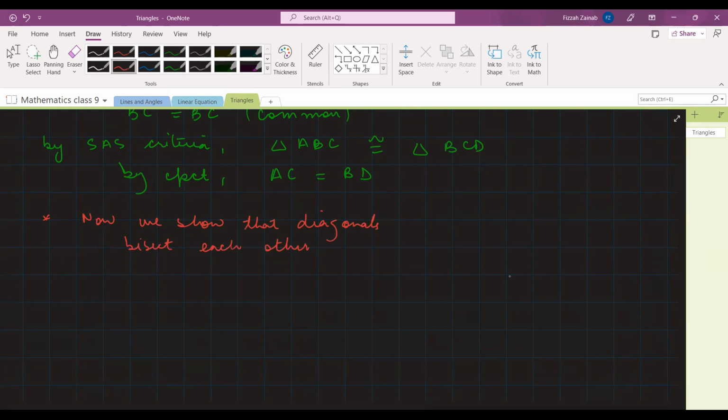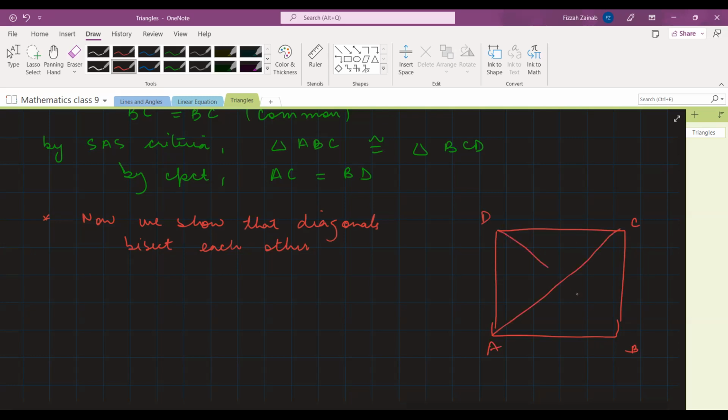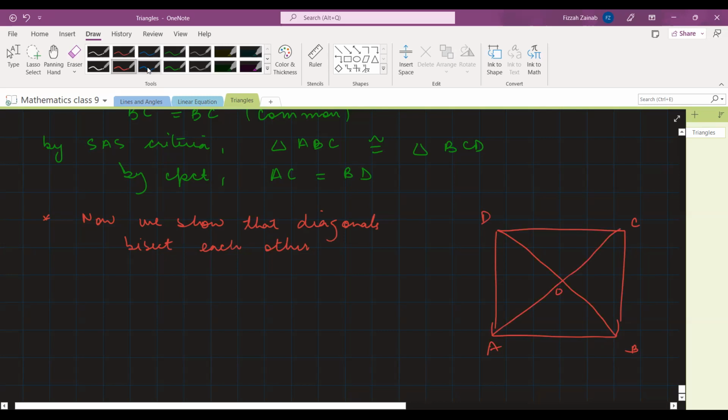Now, because I have to take diagonals, that was my square, just roughly I'm drawing. So A, B, and C and D, right? These are the diagonals. Now I have to show that the diagonals are equal. So I'll take triangles where diagonal is coming.